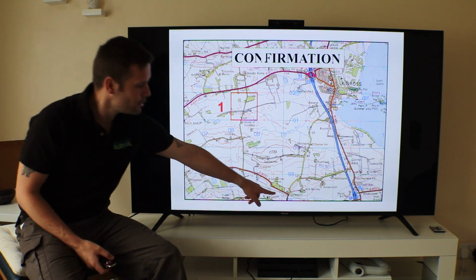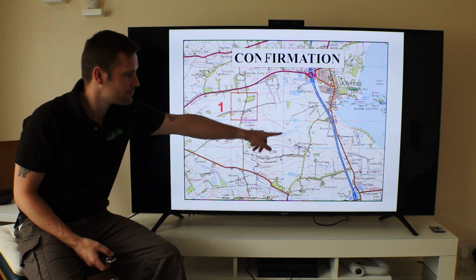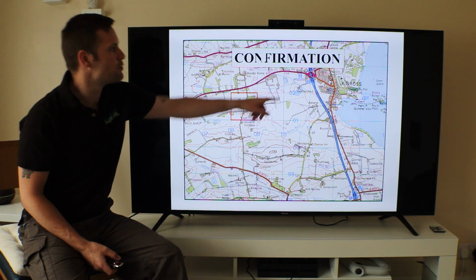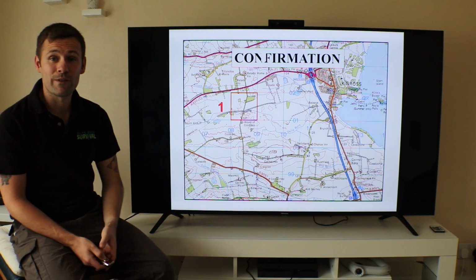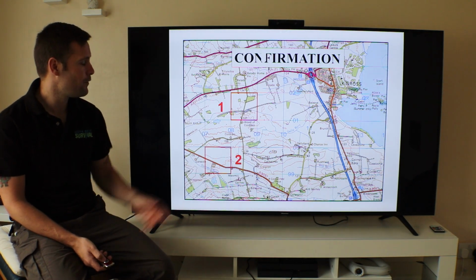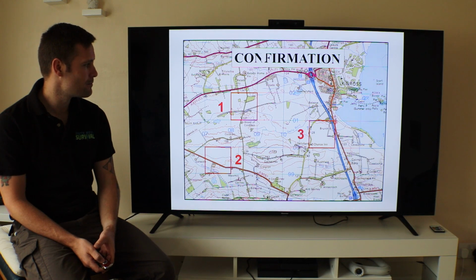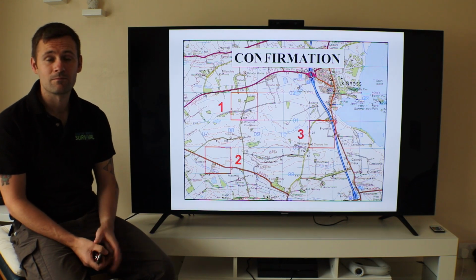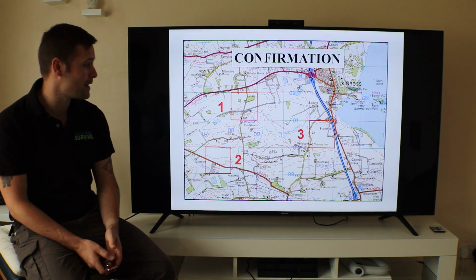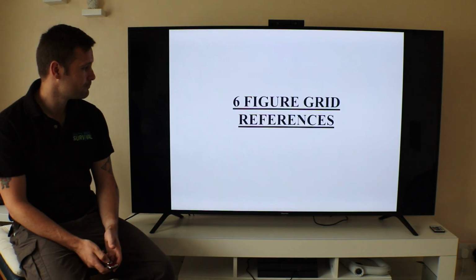Going upwards, your numbers are 98, 99, 00, 01, 02. Give me a 4-figure grid to that. Write it down in your notebooks, then number 2 and number 3. I'm going to leave this up for a couple of seconds so you can start writing them down.